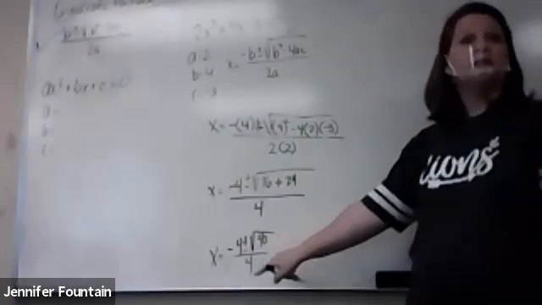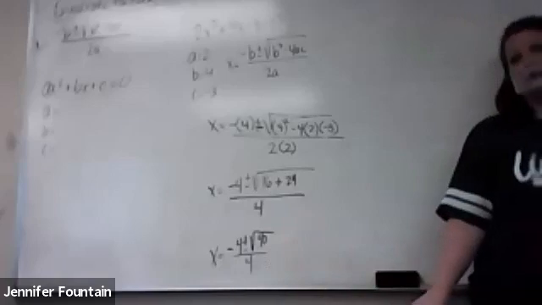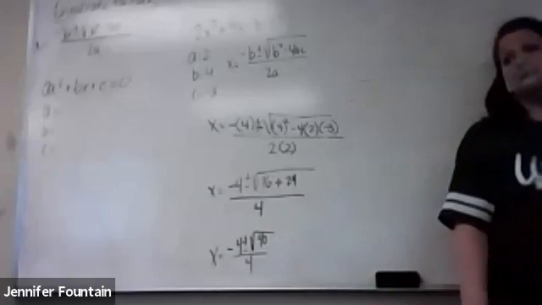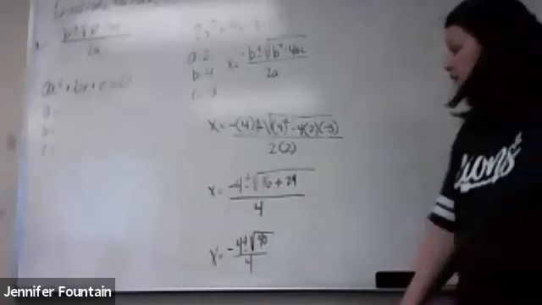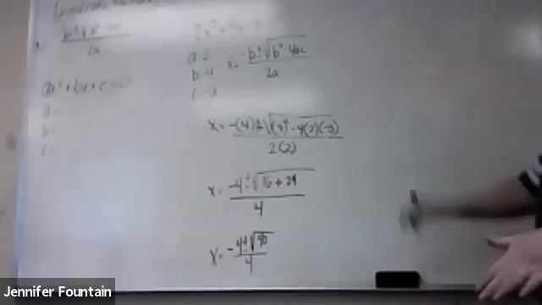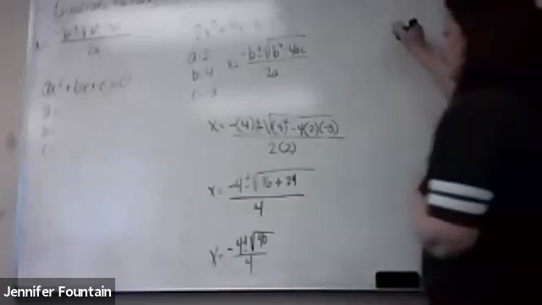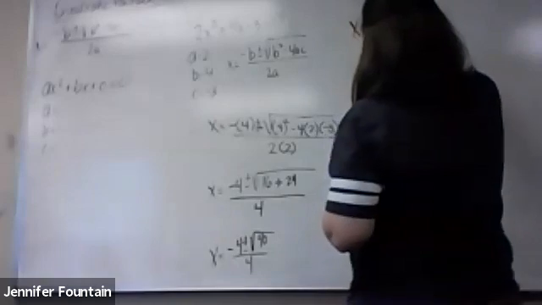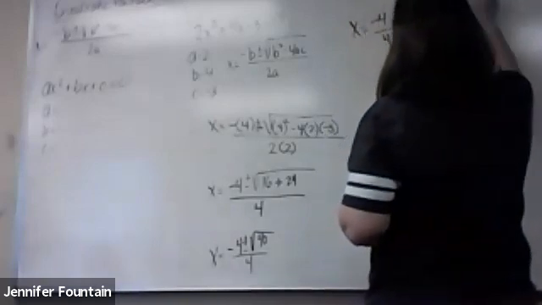Okay, because 40 is what? What times what? 4 times 10, and what do I know the square root of 4 is? 2. Okay, so I've got some simplifying I can do here. I'll go ahead and bring it up here just so we can see it a little bit better. So I have x is equal to -4 over 4 plus or minus the square root of.